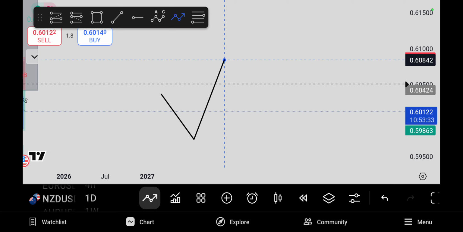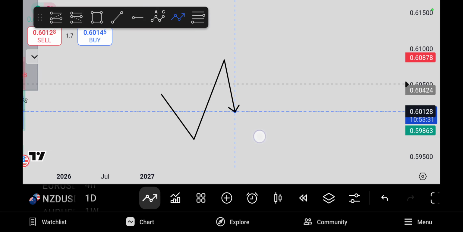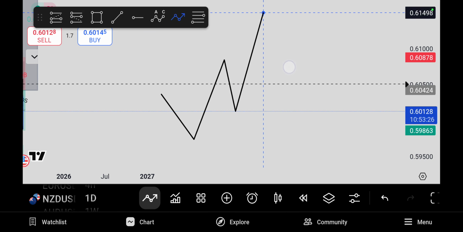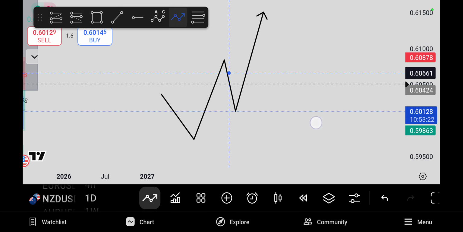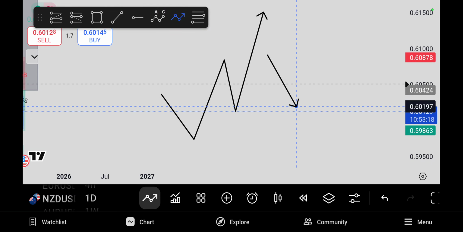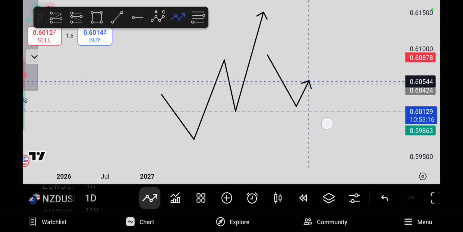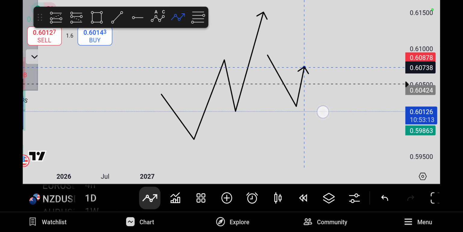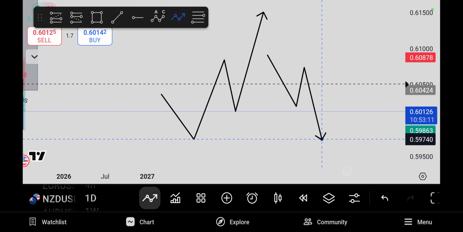We're expecting the market to come down to somewhere which we call the OB, touch it, and continue the trend of the market if it's an uptrend. If it is a downtrend, we're expecting the market to go up, touch the OB, and continue the trend of the market. So that is what an order block is.